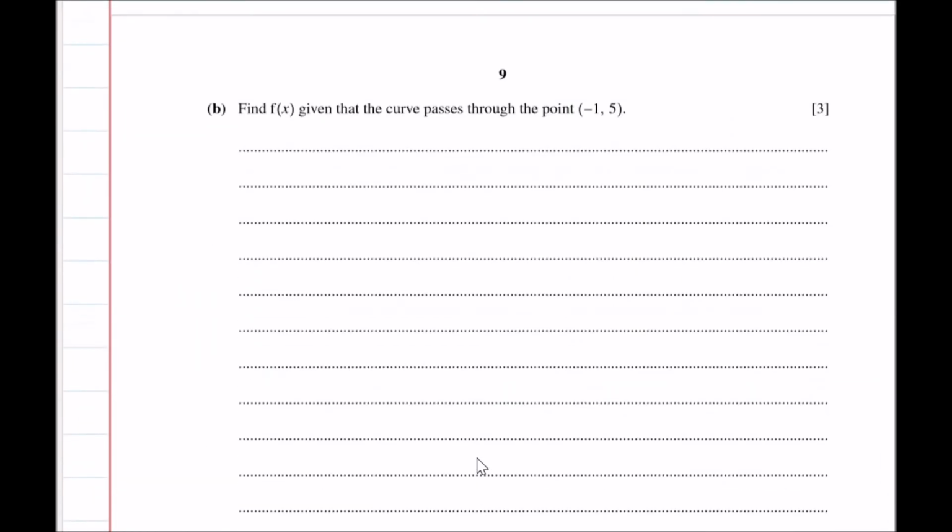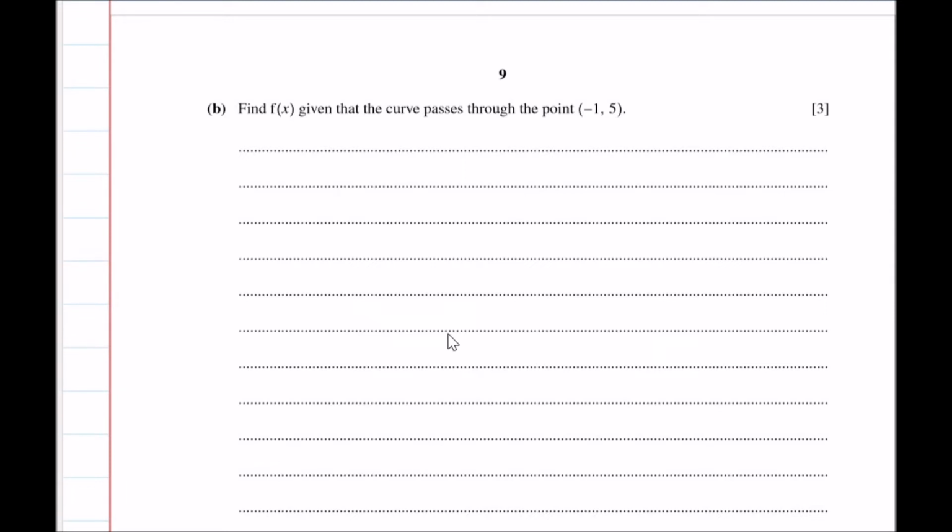Okay, let's go to the next part. It says find f(x) given that the curve passes through the point minus 1, 5. So here we have f dash x given in the first part. Now we have to find f(x). That means we need to integrate, right?